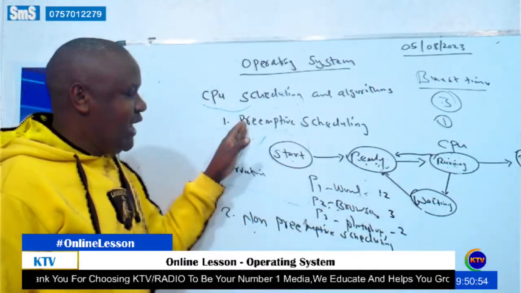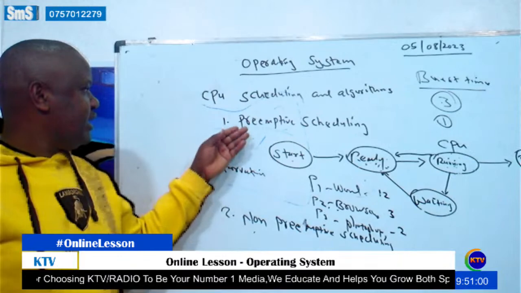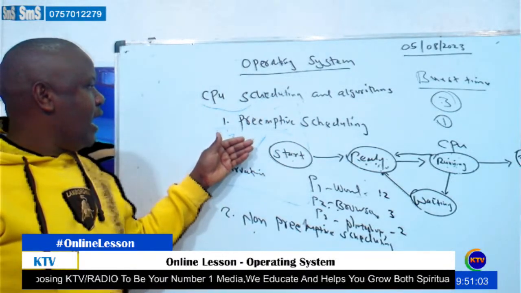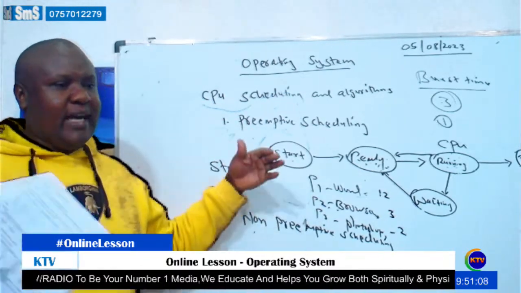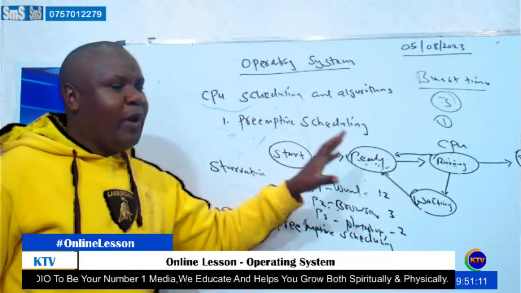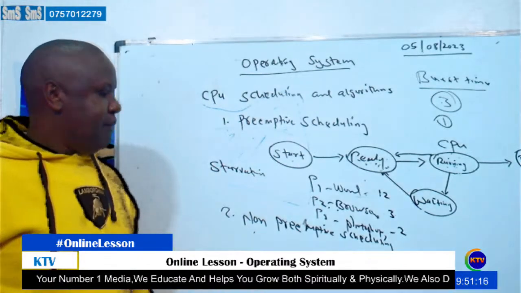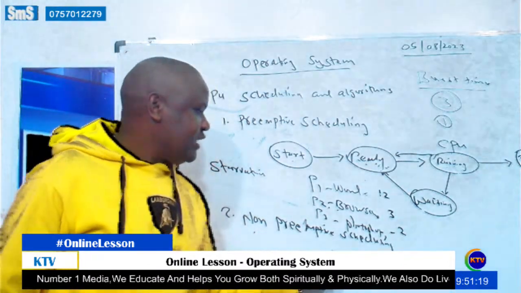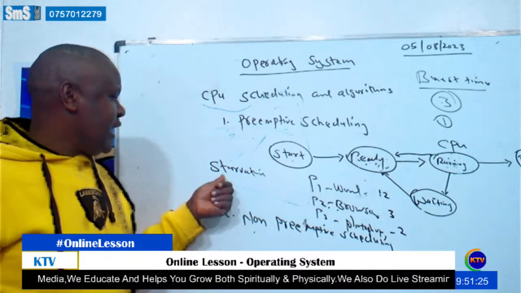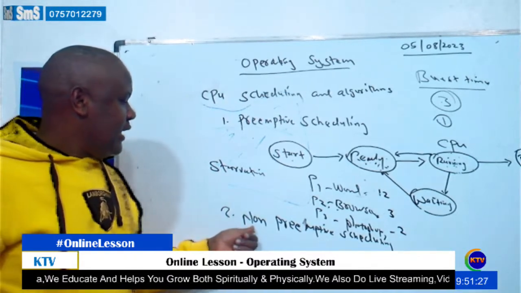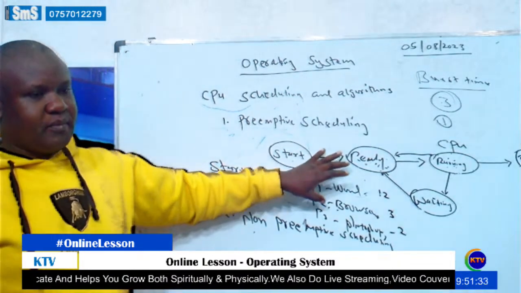So in the case of preemptive scheduling, we have starvation, because those processes which have long pass time will be kept waiting while those with less pass time are allowed in. But in the case of non-preemptive, the processes have to wait.